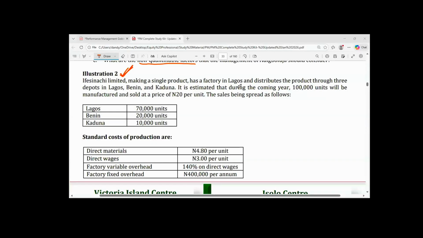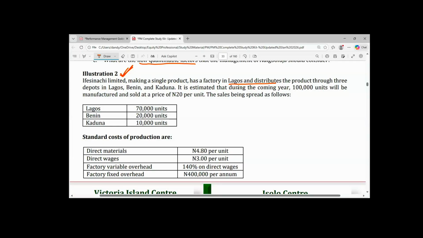Now read. If it's Nachi Limited, making a single product at a factory in Lagos and distributes the product through depots in Lagos, Benin, and Kaduna, it is estimated that during the coming year, 100,000 units will be manufactured and sold at the price of 20 naira per unit.